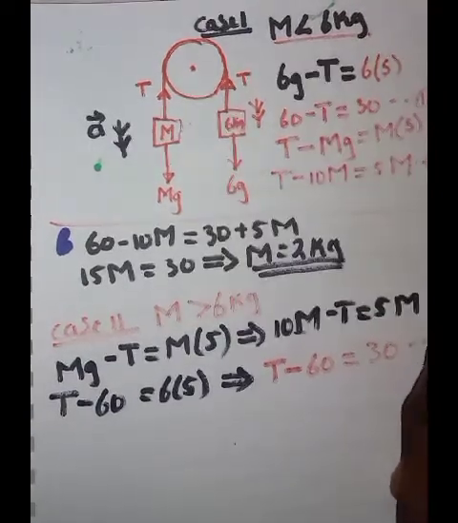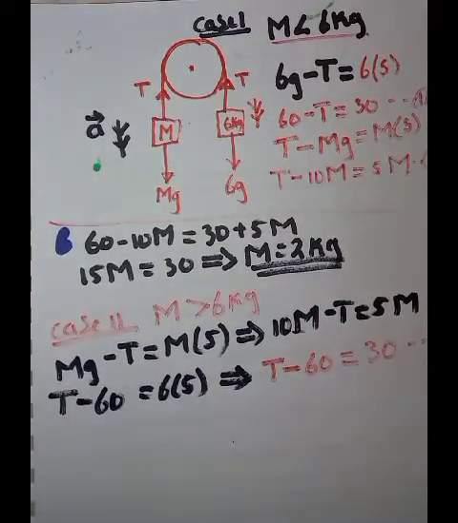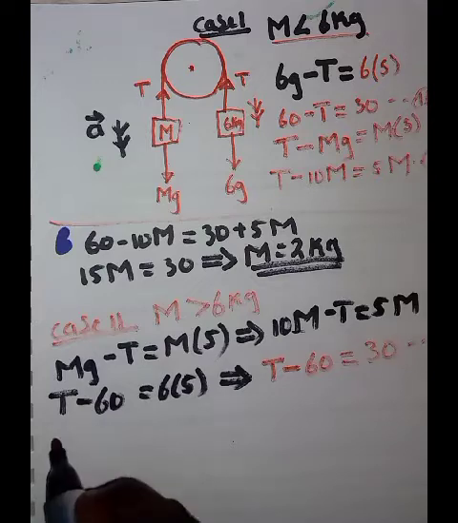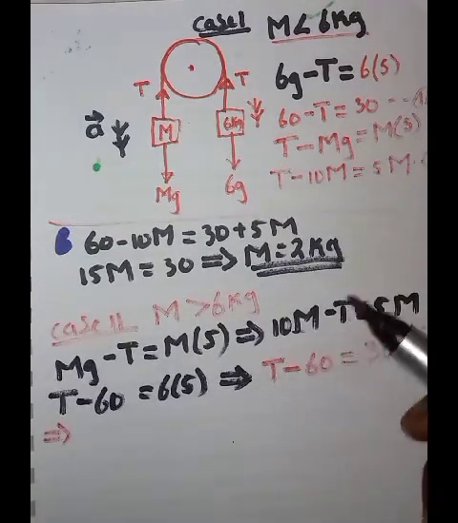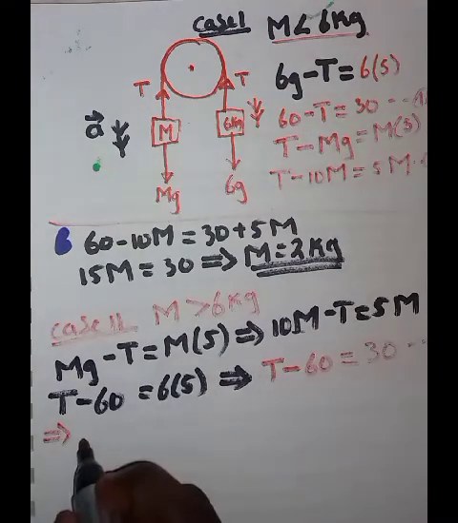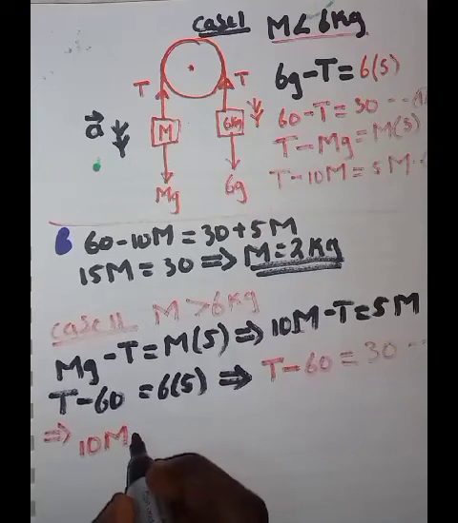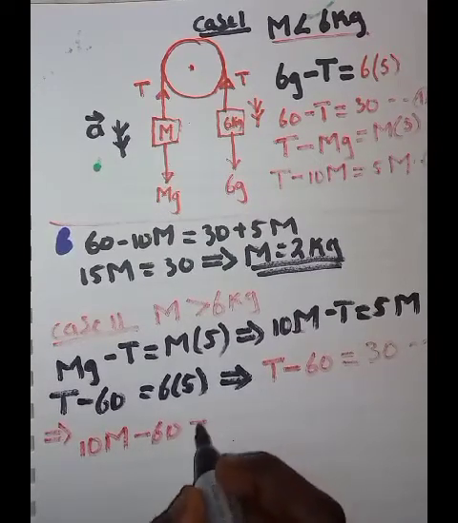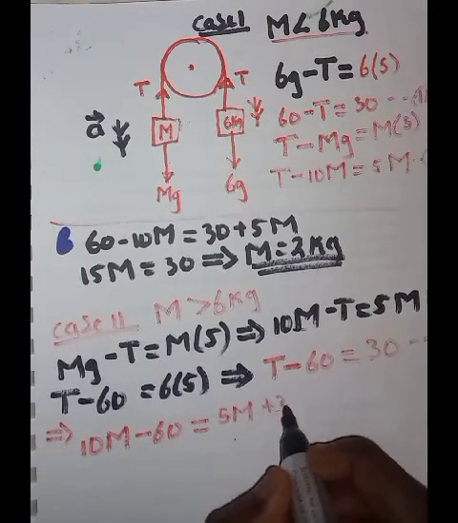This is equation 1. Now if we add equation 1 and equation 2, the T and negative T cancel. We are going to have 10M minus 60, which has to give us 5M plus 30.